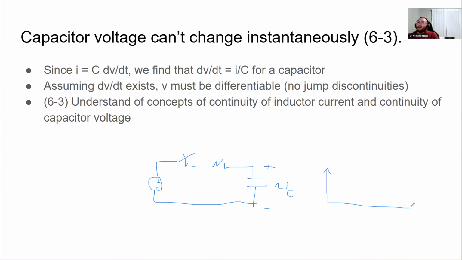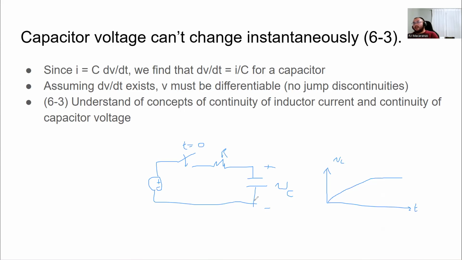If you look at that plot over time, you see that it's exponentially increasing, if we close this at time zero, and that's a resistor there. So this capacitor voltage can't change instantaneously.